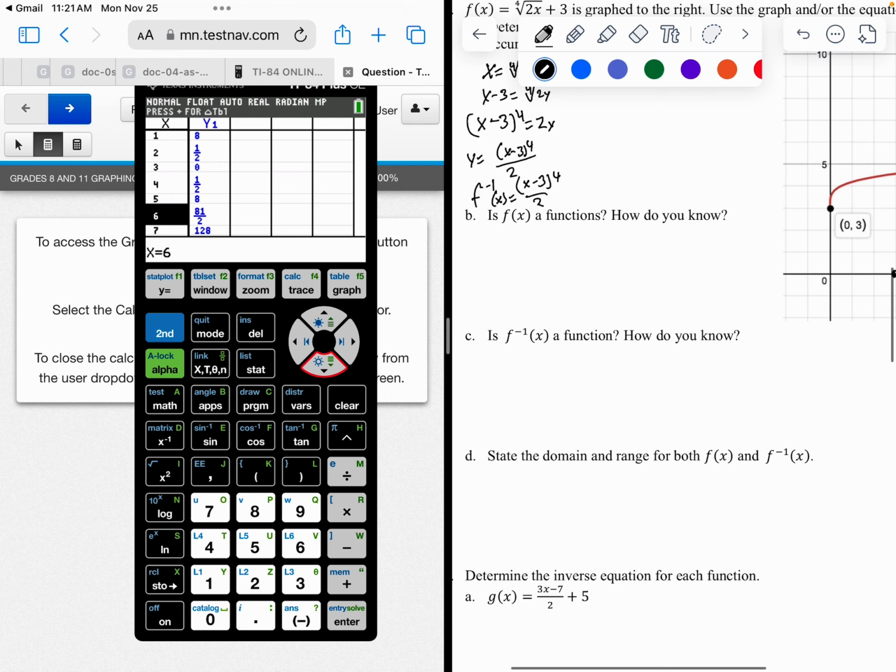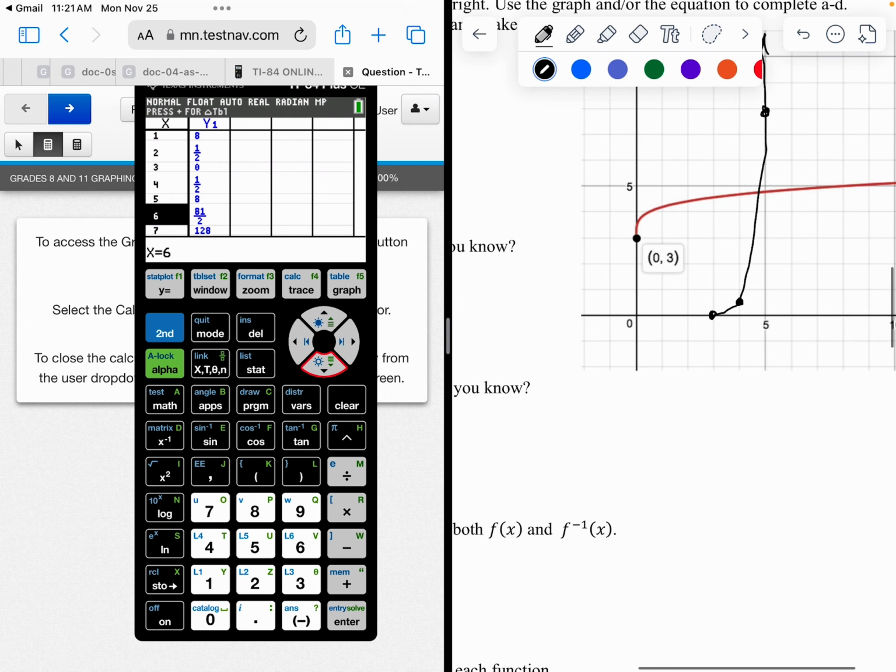Is f of x a function? How do you know? It is because it passes the line test. So all you do for that is take a line. Every x value has one y value. I'll give you an example of something that wouldn't pass the line test.